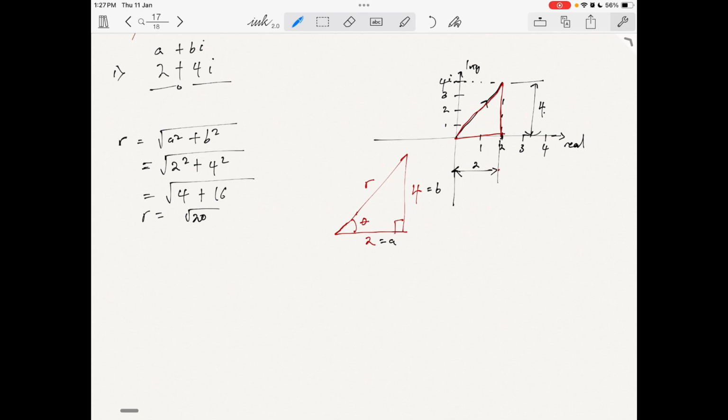Now, next thing to calculate is our theta. What is our angle theta? Our angle theta will be arctan b over a.